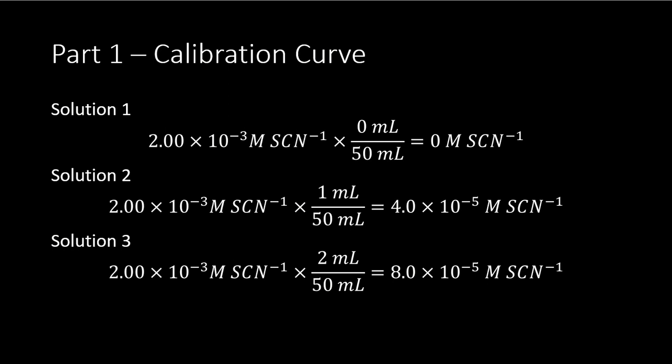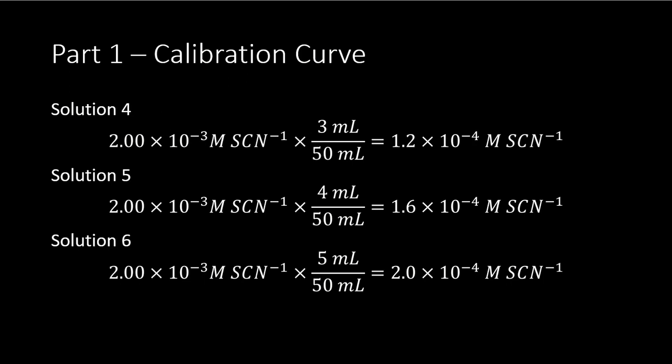So what matters is here we're using either 0, 1, 2, 3, 4, or 5 milliliters of our 2 times 10 to the negative third molar thiocyanate concentration. And therefore that gets us the respective concentrations of 0 through 2 times 10 to the negative fourth molar of thiocyanate, or whatever exact volumes you do end up retrieving for those specific solutions.